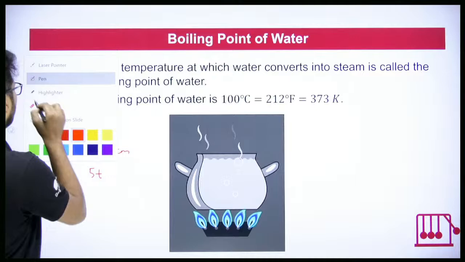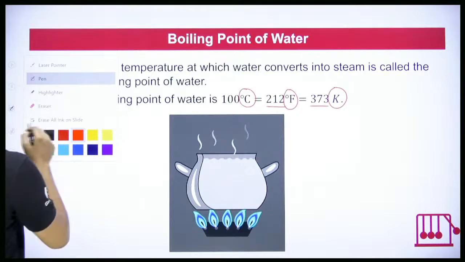In feet and inches, there is a different number. Yes or no? So depending on the units, there will be different numbers. This is called degree Celsius. The boiling point is 100. In terms of degree Fahrenheit, it is 212. In terms of Kelvin, it is 373. So different units have different values.